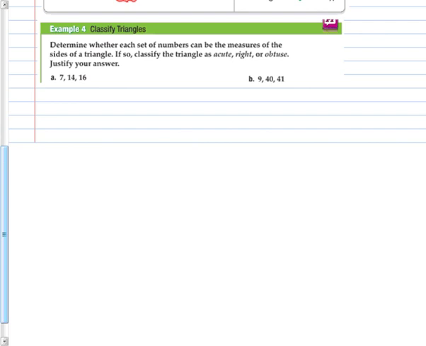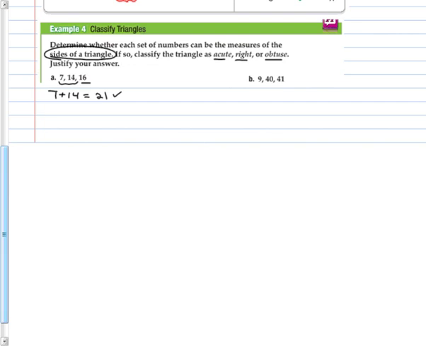Determine whether these sets of numbers measuring the sides of a triangle make an acute, right, or obtuse triangle. First of all, determine whether it actually makes a triangle. Do you remember how to test that? The two shortest need to add up to be greater than the third. Add 7 and 14. What do you get? 21, check, it's bigger than 16.